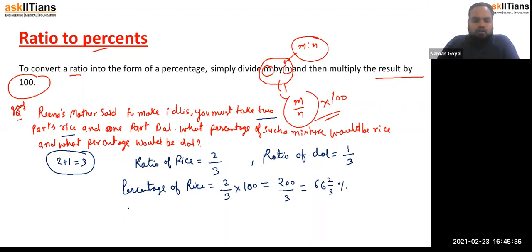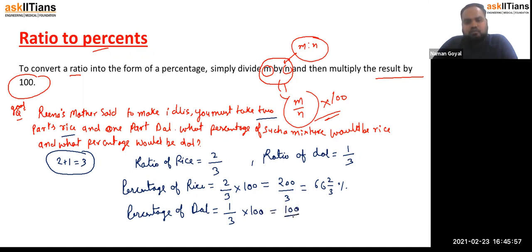Now the percentage of dal will be 1 upon 3 into 100, so it will be 100 upon 3.